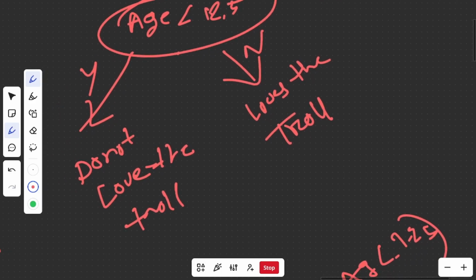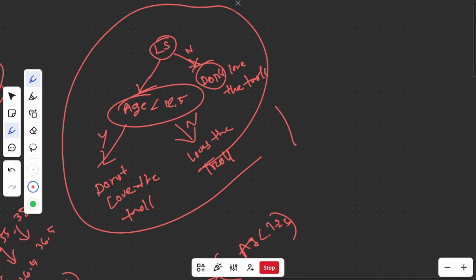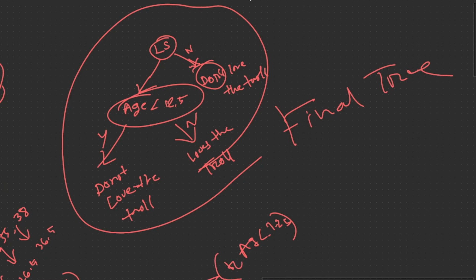So this is the final tree. This is how you can use Gini impurity to find the result of a classification tree. Thank you.